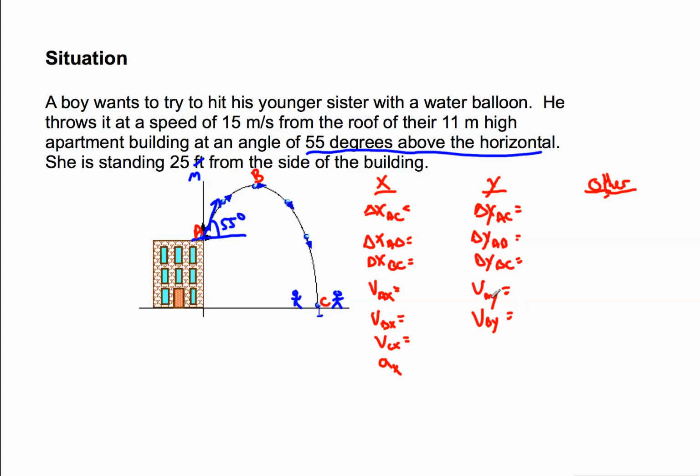This is the rate at which it's moving upward initially at point A and the rate at which it's moving vertically at point C. Also, we have our vertical acceleration.